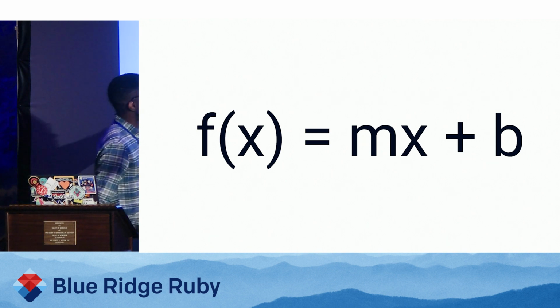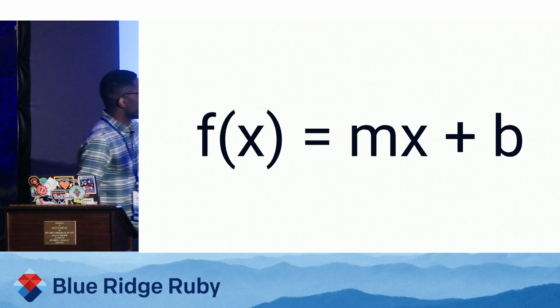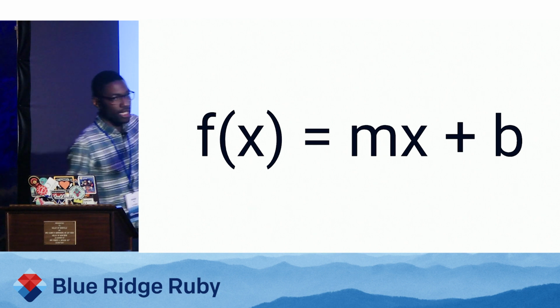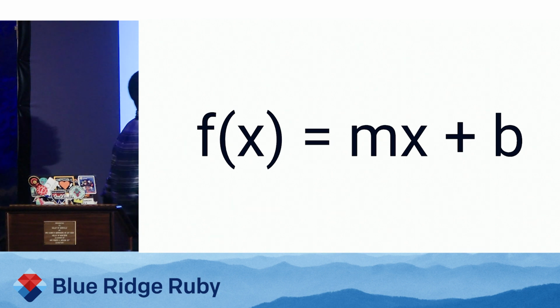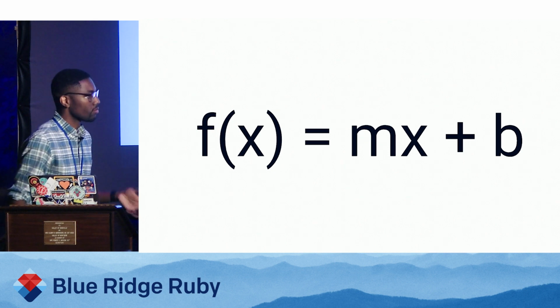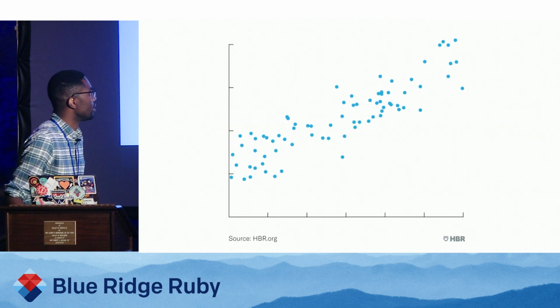So your input values are the x. That T min, that minimum temperature, the snowfall, goes into the x value, and out pops a y value, mx plus b, and whatever pops out of there is our answer. That's what we're trying to predict.